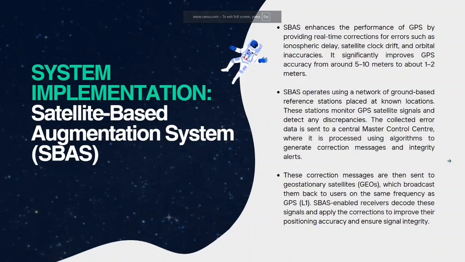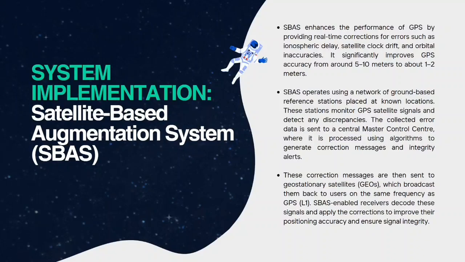Moving on to the system implementation. For SBAS, SBAS enhances the performance of GPS by providing real-time corrections for errors such as ionospheric delay, satellite clock drift, and orbital inaccuracies. It significantly improves the GPS accuracy from around 5 to 10 meters to about 1 to 2 meters. SBAS operates using a network of ground-based reference stations placed at known locations. These stations monitor GPS satellite signals and detect any discrepancies.